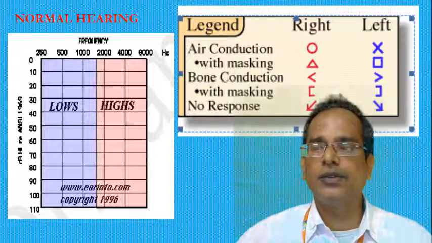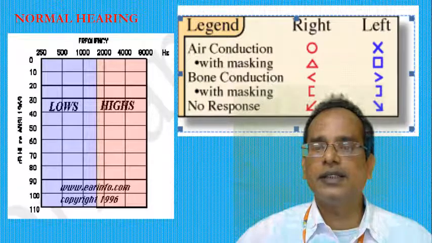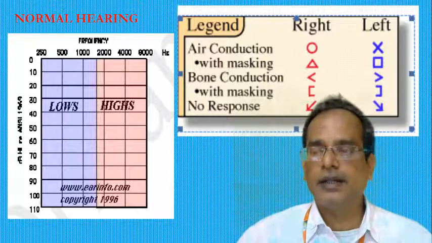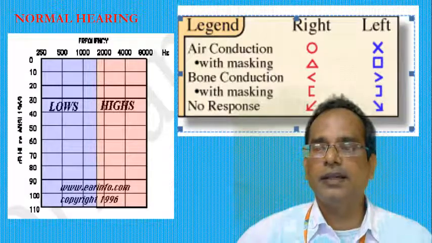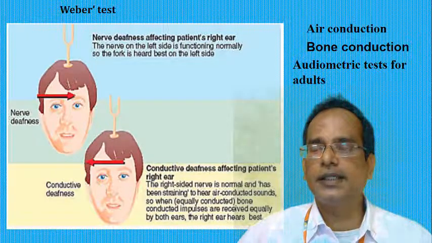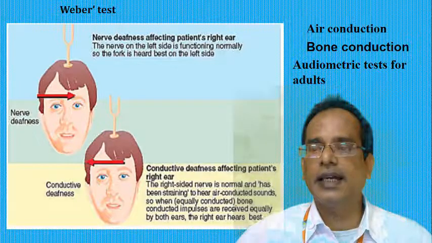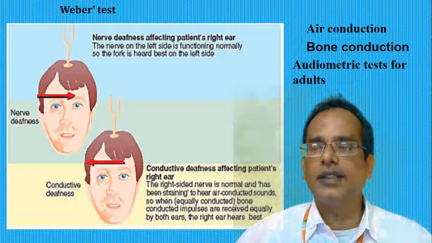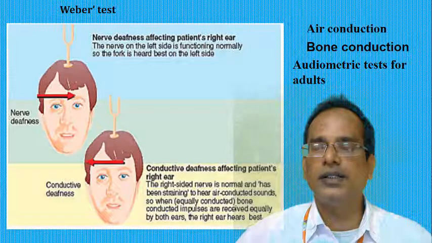So they are using the tuning fork test. The name is called the Rinne test. They will strike the 512 hertz tuning fork softly, and after that they place the vibrating fork on the base of the mastoid bone, and ask the client to tell when the sound is no longer heard.